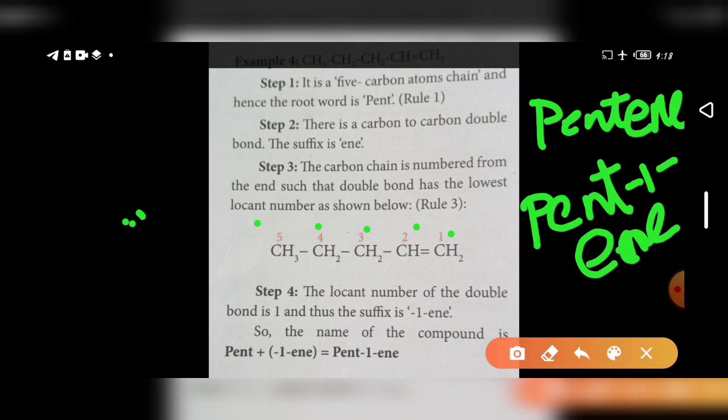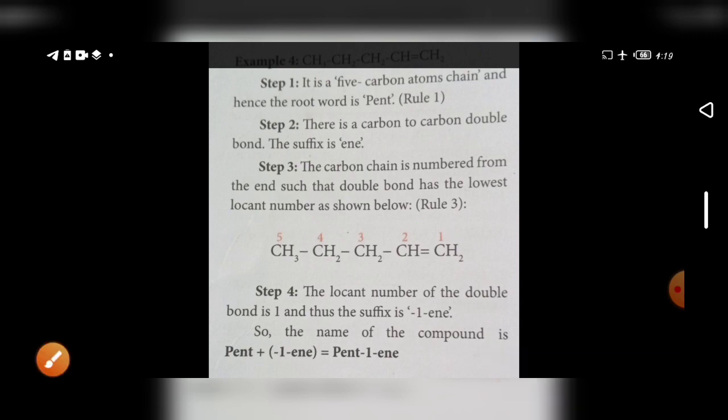So the compound will be pent plus dash 1 dash ene equals pent-1-ene. This is the IUPAC rule. You can write it like this. Suppose it is a triple bond. How will you write that one? See here, I give one example.